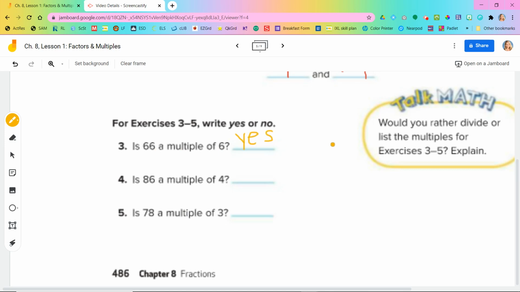There is a trick for 6's, though. If it's even, so if this number follows my rule for 2, if it's even, and if it follows my 3 rule, meaning 6 plus 6 is 12, 12 will divide by 3.